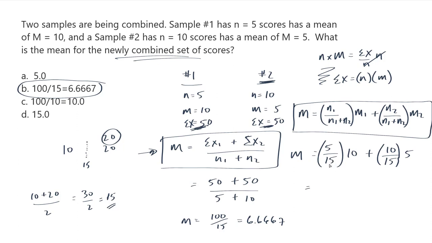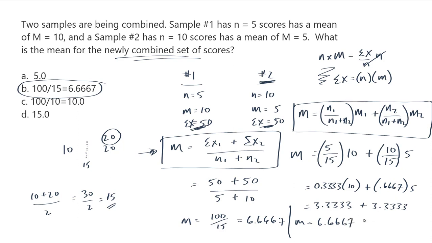So 5 out of 15 is 0.3333, times 10, plus 10 out of 15 is 0.6667 times 5. And you'll find that when you work this out, you get the same answer as we did before.